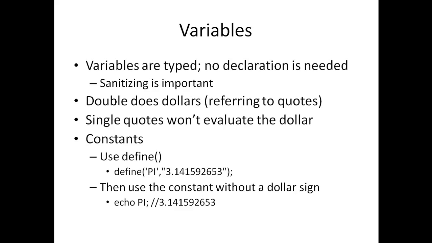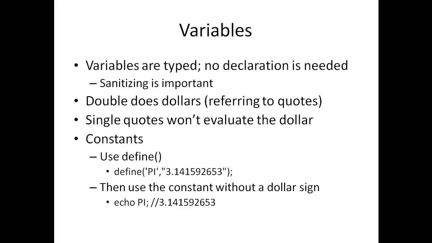A famous phrase from a course I took a long time ago in programming is "double does dollars," and that basically means that your double quotes will interpret the $ sign variables. So if you use single quotes, you will get a literal dollar sign and variable name.